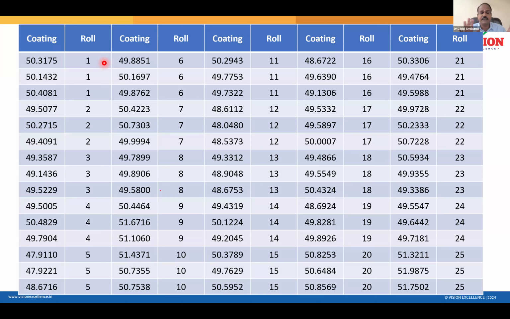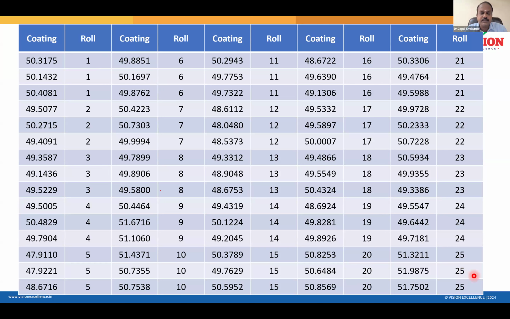Once the 5,000 parts are produced, they are packed and then dispatched. Do you understand how the process is going on? A roll is loaded, cut into 5,000 pieces, coating is done, quality check is happening, and then the 5,000 pieces are ready for dispatch. In this manner, there are 25 rolls loaded. 25 into 5,000, 1,25,000 parts.